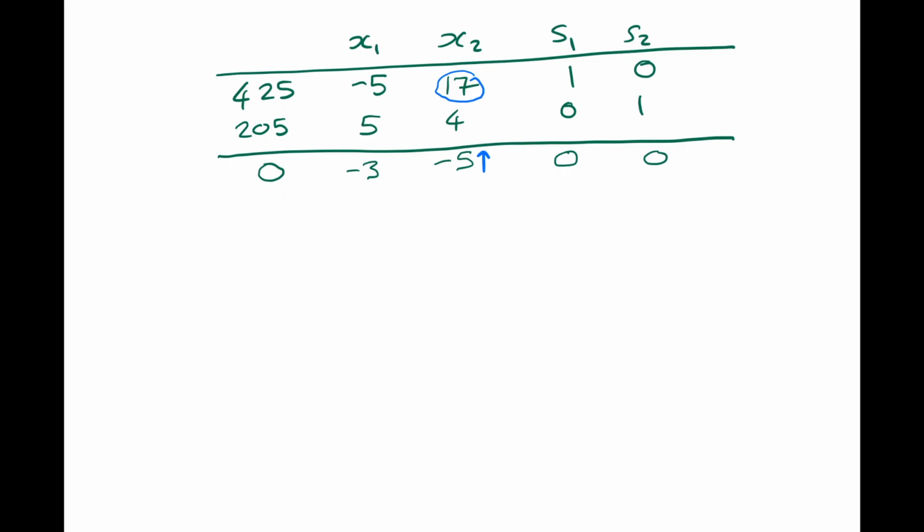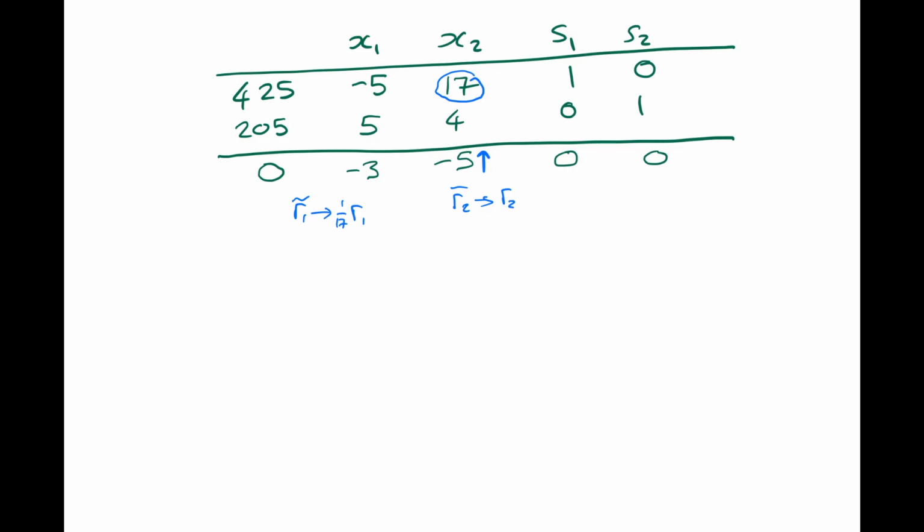We then want to perform row operations so that our work column becomes 1, 0, 0. And our row operations will be the current row plus or minus some multiple of the pivot row. So our new row 1 will become whatever row 1 was multiplied by 1 over 17. So that will give us a 1 where our pivot is. What about row 2? Our new row 2 will become whatever row 2 was plus or minus some multiple of our pivot row.